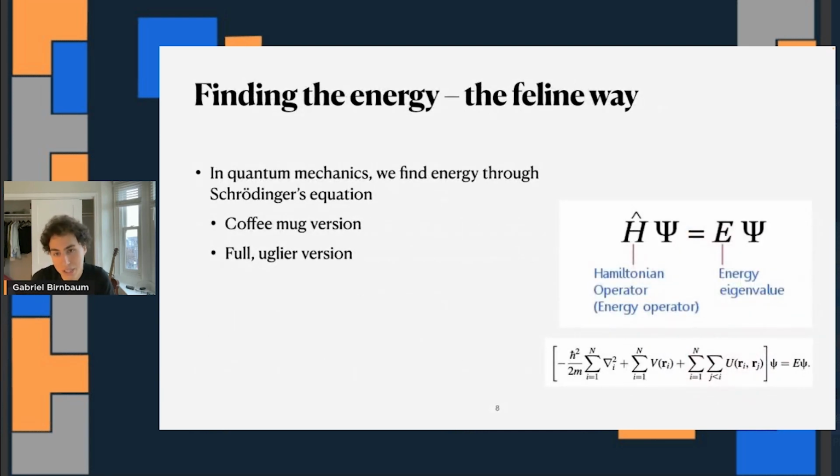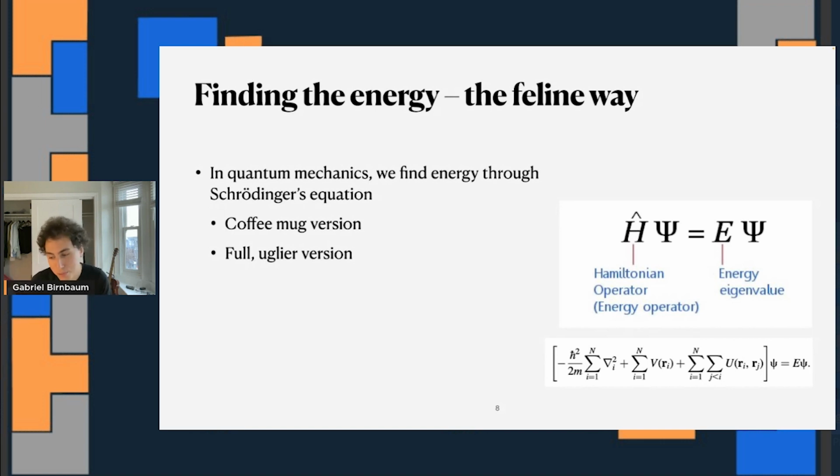So how do we find the energy? Well, in quantum mechanics, we do that by solving the Schrödinger equation, which is, here's the coffee mug version of it, which is basically the Hamiltonian acting on the wave function is equal to the energy eigenvalue times the wave function. But this is the simple version.